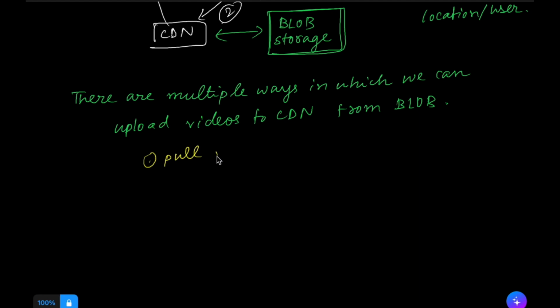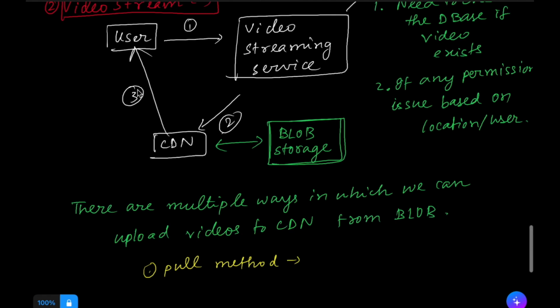In the pull method, first a particular user requests a video and we check if the video is present in the CDN or not. If the video is in the CDN, then the video is directly delivered to the user. Else the CDN requests the video from the blob storage. The video is stored in the CDN, and along with that it is also sent to the user to see the video. So this is the pull method.